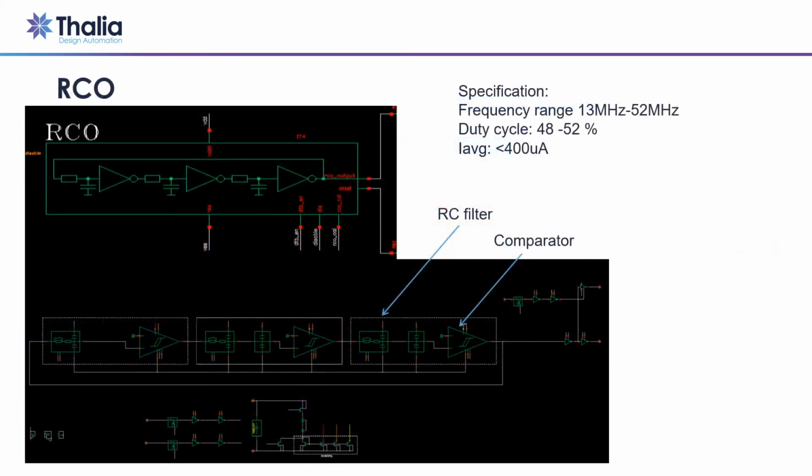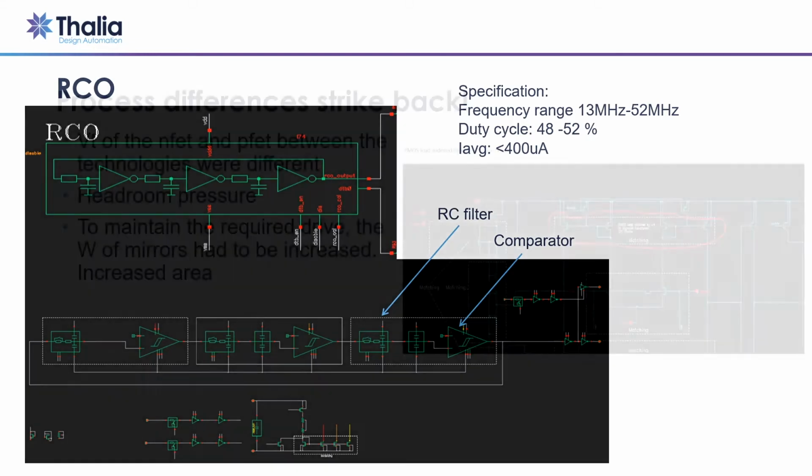What you have on the screen are the constituents of the RCO block. The specification is listed on the top right of the slide, and at the bottom you have the blocks that constitute the RCO, the comparators, the RC filter. We'll focus more on the comparator because this is where the impact of technology difference was identified.